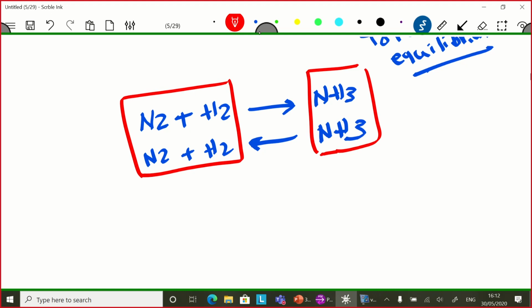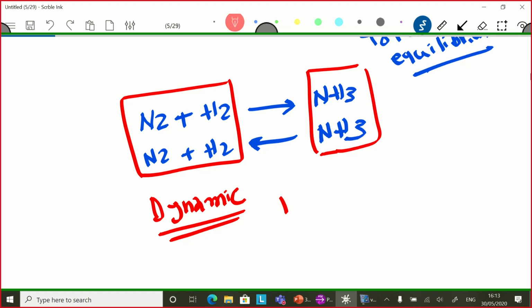But again, we're saying that the reaction hasn't stopped. This is why we're using the word dynamic, to tell you, yes, the concentrations of the reactant and the product are not changing, but there's still a reaction taking place.